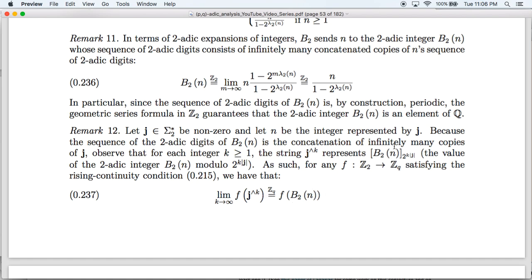Because again, projecting the limit here modulo 2 to the k bold J is the same thing as only concatenating k copies of bold J in the first place.